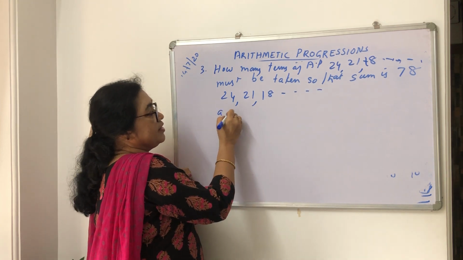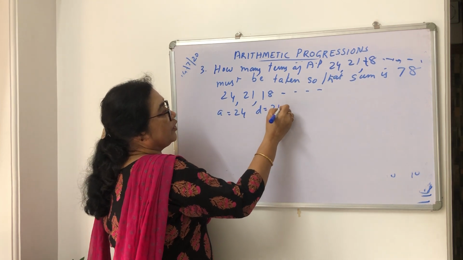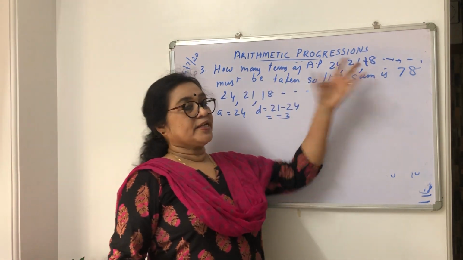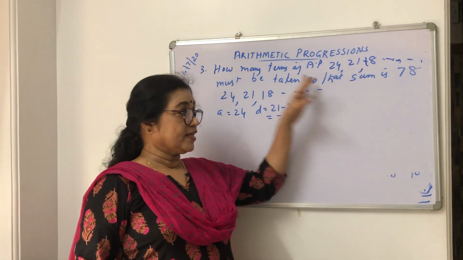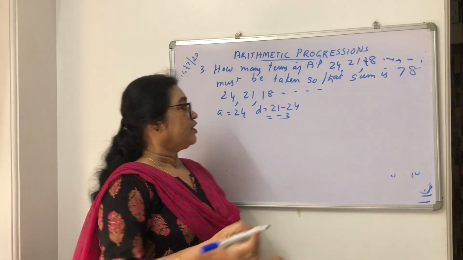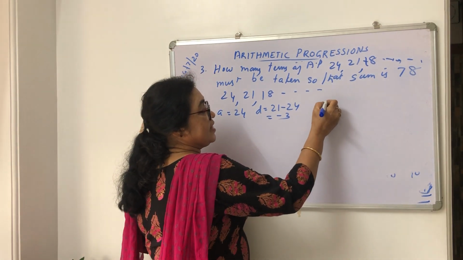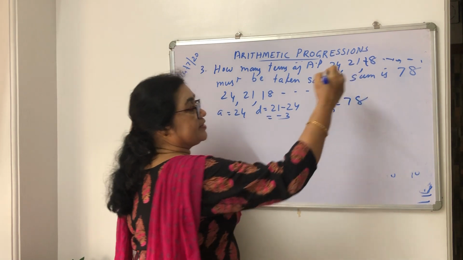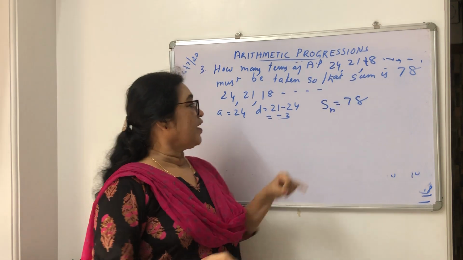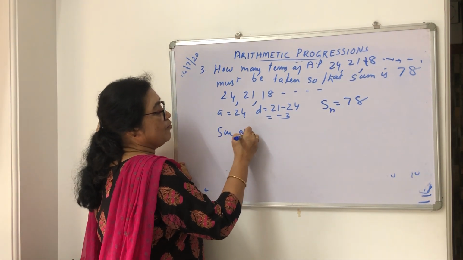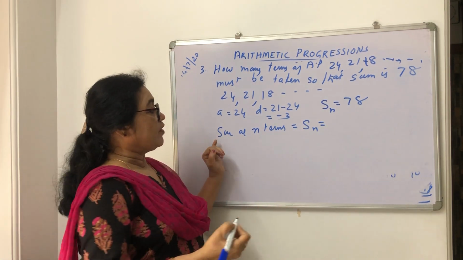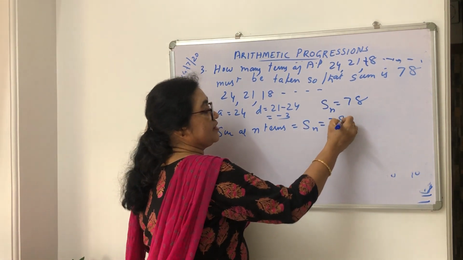A is equal to 24, and d is 21 minus 24, which is minus 3. Since we don't know how many terms, we take n terms, so the sum of the first n terms, Sn, is 78.